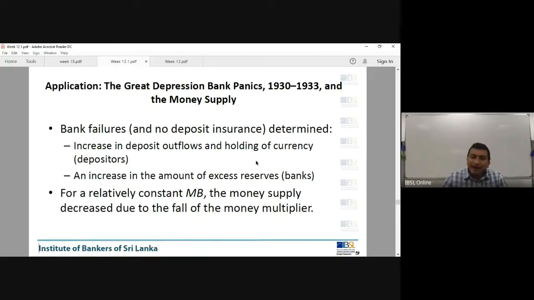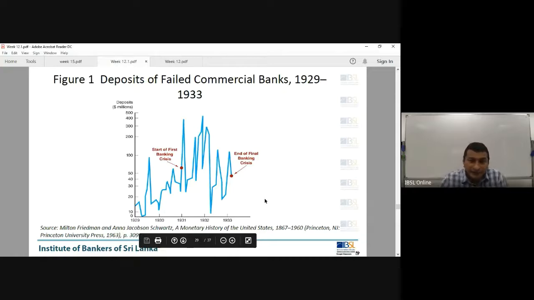So you may see graphs that explain this in an empirical way. And you see here the deposits of failed banks during that period, where the banks started getting deposits in the early part of the 1930s, but then a sharp fall here.